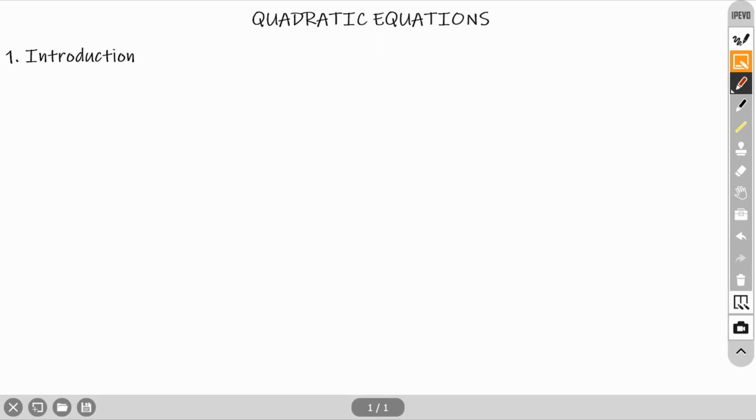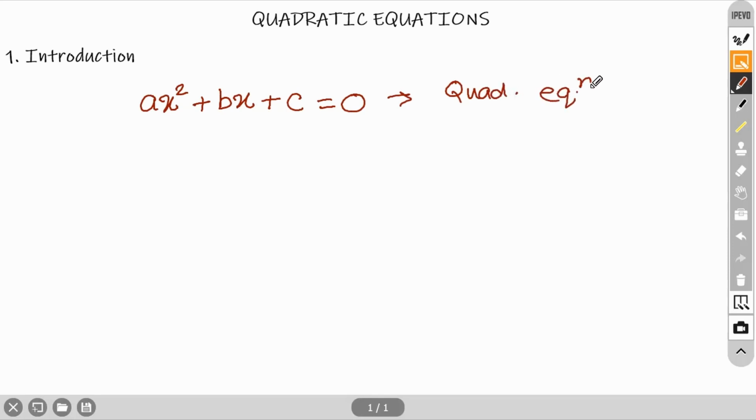Starting with the introduction, what are quadratic equations? So any equation of the form ax square plus bx plus c equals to 0 is a quadratic equation of variable x.